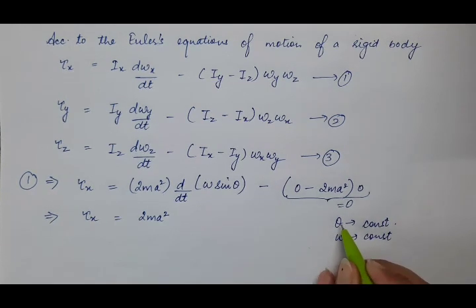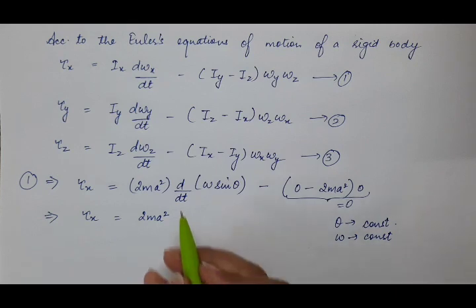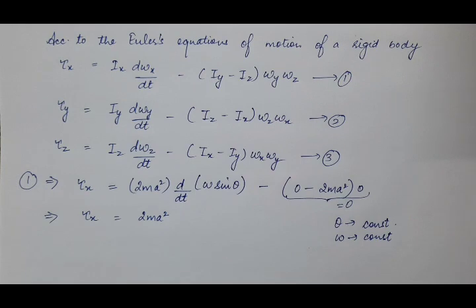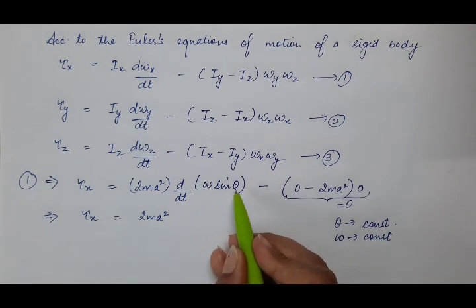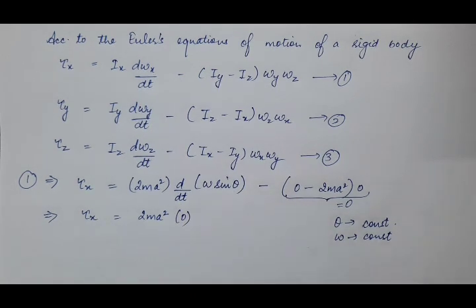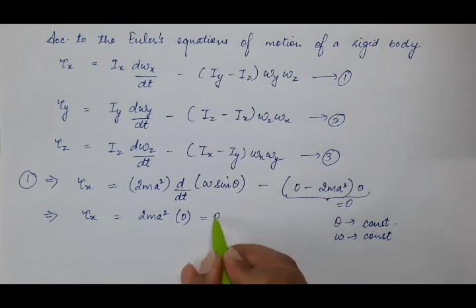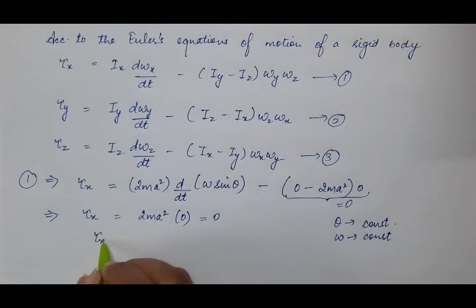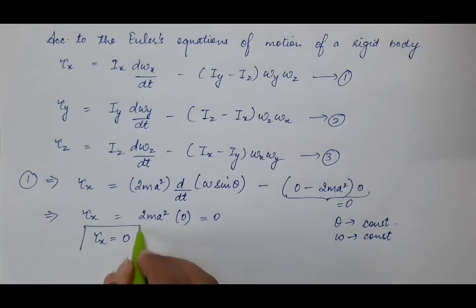And if omega and theta both are constant, then they will not change. And what is this d by dt? It is change with respect to time. But both omega and theta don't change in this case with respect to time. So this change will be 0. So 2ma square into 0 is equal to 0. So the x component of torque is equal to 0.